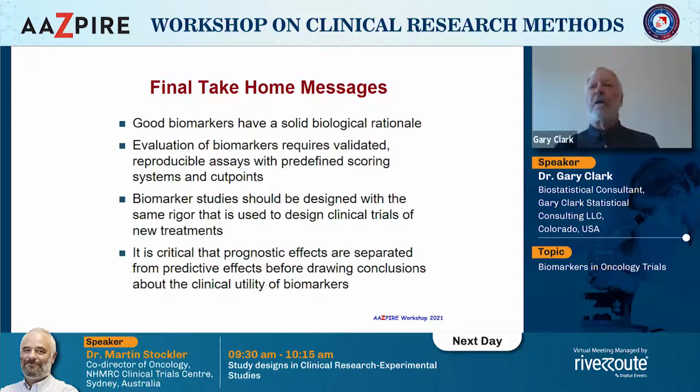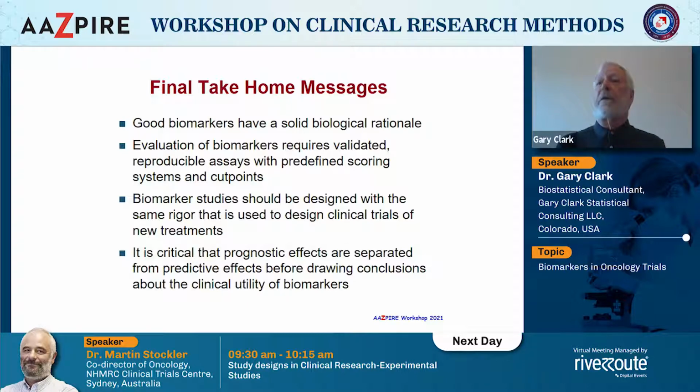So my final take-home messages for this presentation is that good biomarkers have a solid biological rationale. You have to start with a good idea as a foundation and then do the testing, the experimentation to determine whether that biomarker is going to be clinically useful.